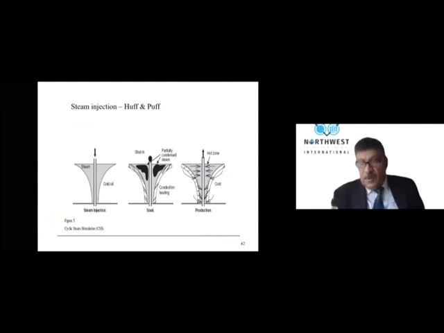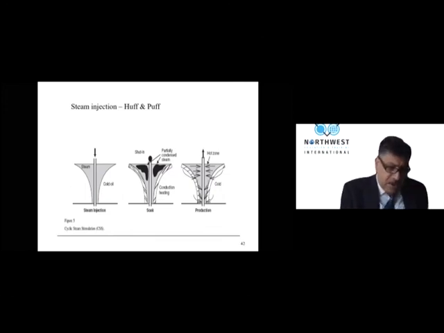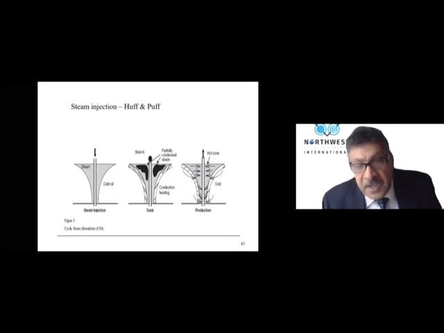You have to go back to your heat transfer knowledge and study the process of heat moving from the steam into the oil, how much heat is being taken, and the impact of heat on the viscosity of the oil in this case. So that needs from you some heat transfer and the thermal properties of the rocks.